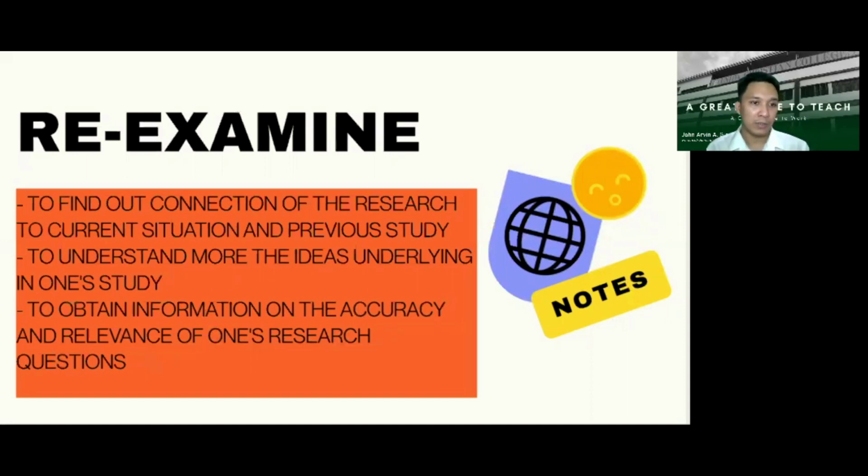Systematic RRL is used to find out the connection of the research to the current situation and previous studies, to understand more the ideas underlying one's study, and to obtain information on the accuracy and relevance of one's research questions.